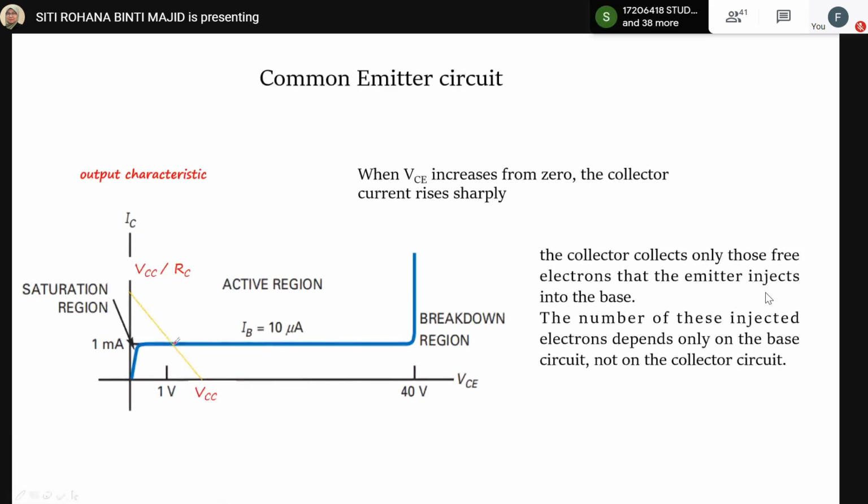The intercept between the output characteristic and the load line of this BJT is the Q point.